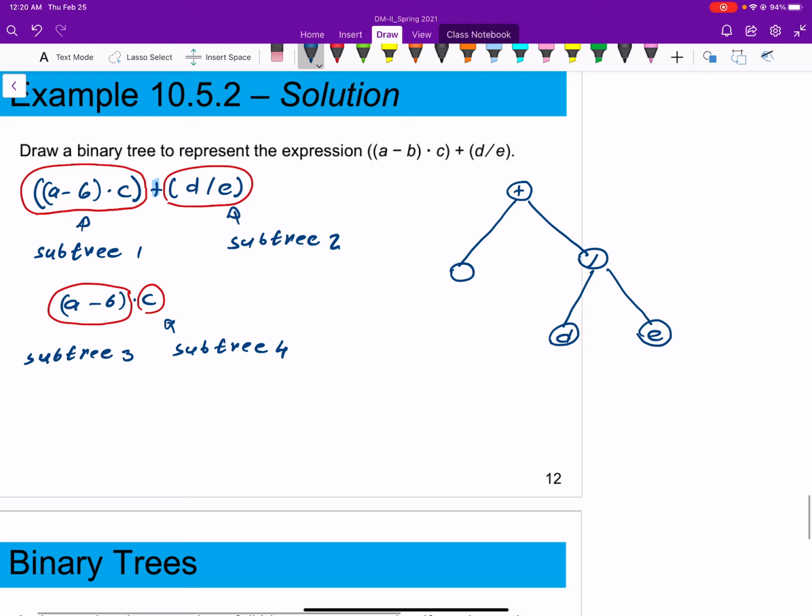All right, so that is this part, and this part is that.